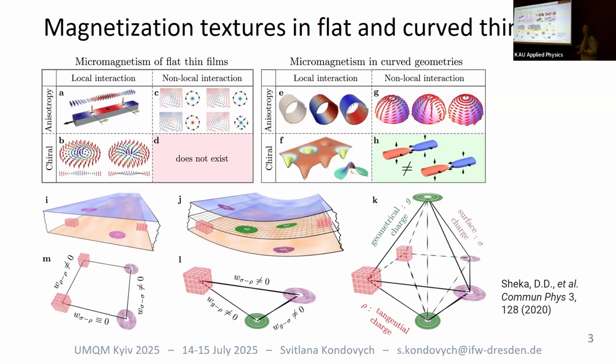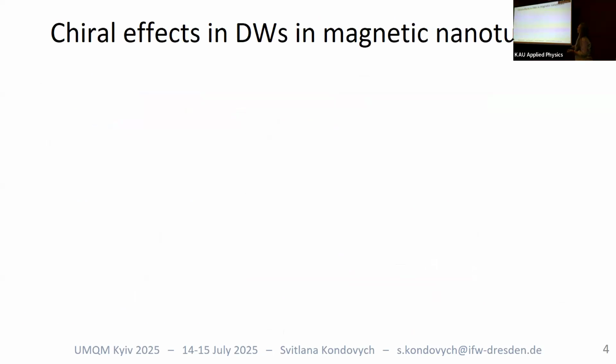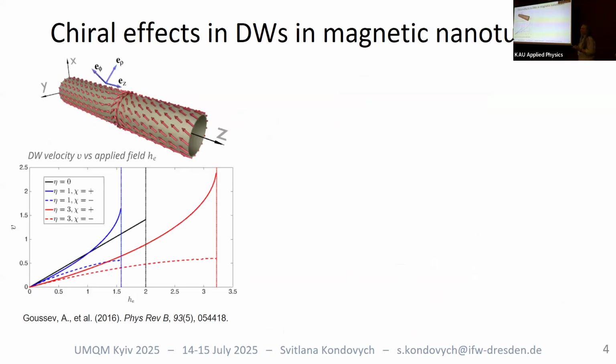However, the most common playground for these systems, I guess, is magnetic nanotubes, because it's comparatively easy to fabricate and study. These are constant curvature systems, and many interesting effects have been observed in recent years. As an example, there is a dependence of domain velocity on applied magnetic field in nanotubes with intrinsic DMI.